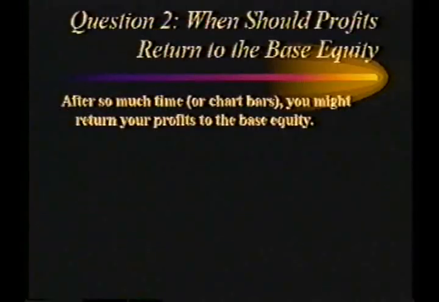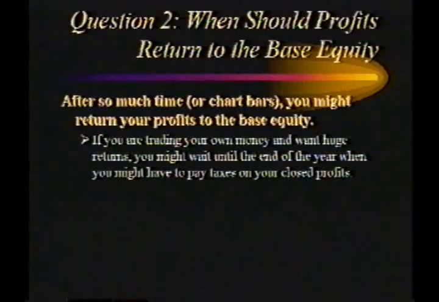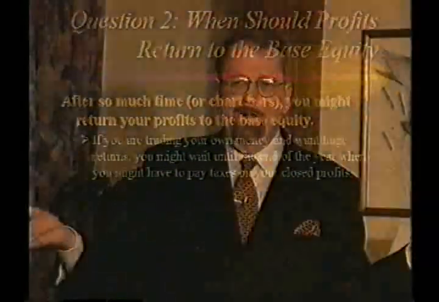So you might do it after so much time or so many bars. For example, at the end of the year, you pay taxes on all your closed out positions, so you probably ought to consider all your closed out positions then your money. Gather it all in, and that's what you risk. That's now your new base equity, and the next year you start risking from the base amount.